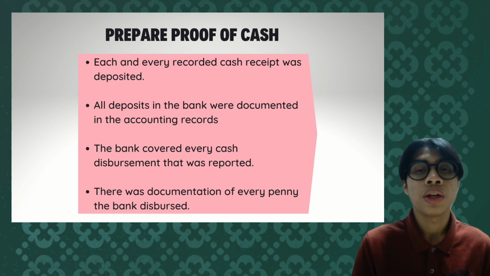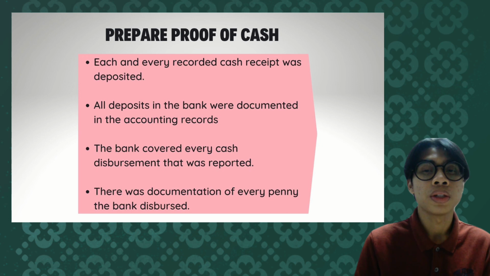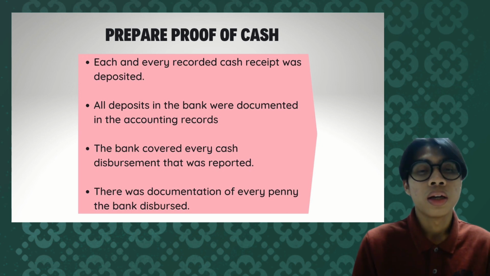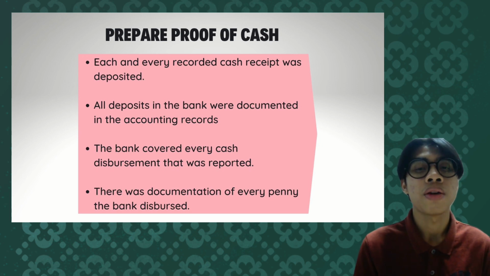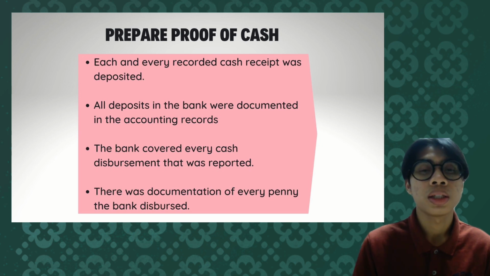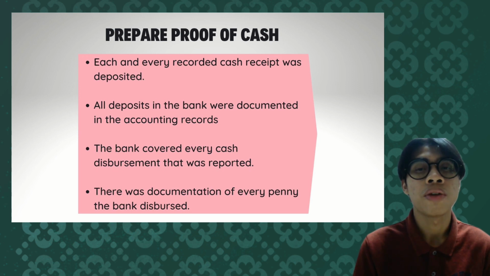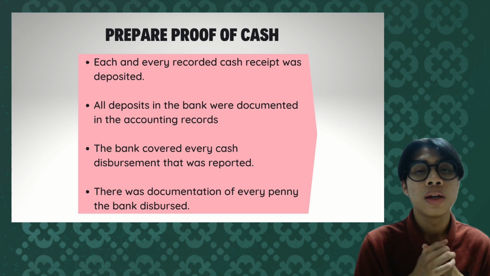Each and every recorded cash receipt was deposited. Next, all deposits in the bank were documented in the accounting records. Next, the bank covered every cash disbursement that was reported. Lastly, there was documentation of every penny the bank disbursed.